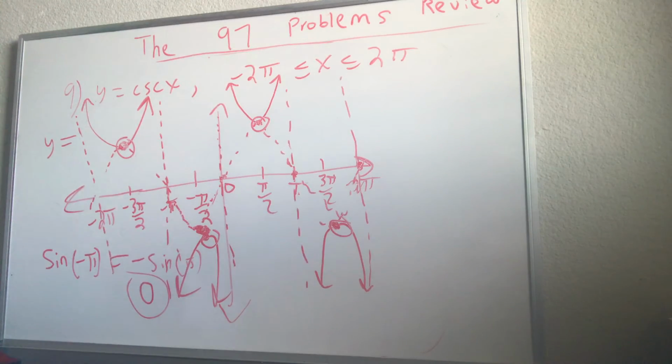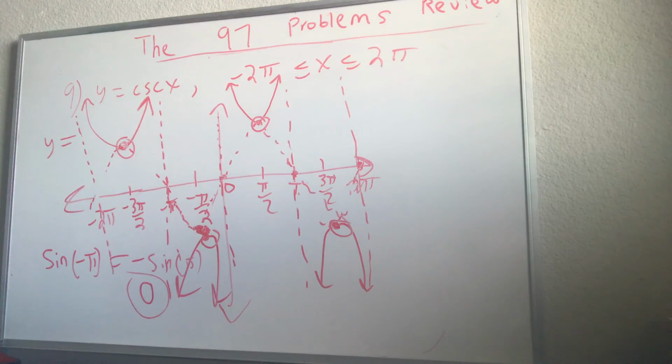So now when we're talking about the domain and the range, for x-intercept, there's none, because it doesn't cross the x-axis, obviously. And for y-intercept, there's none, again, because it doesn't cross the y-axis.